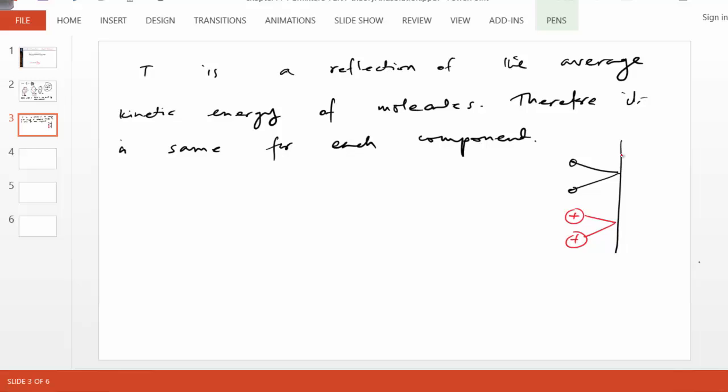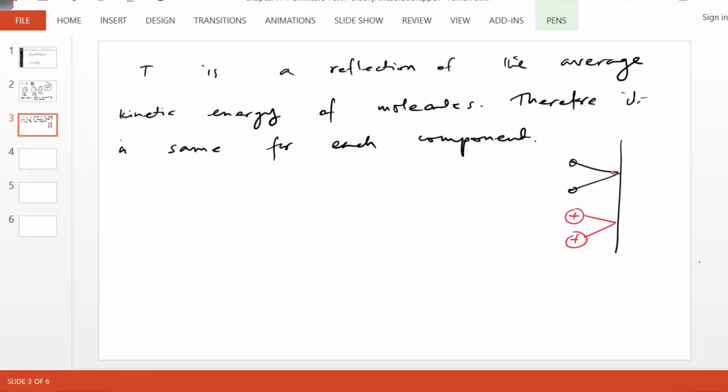So obviously, pressure depends on the number of collisions as well as the velocity. So the number of collisions, if we suddenly take all the black molecules away from a mixture of black and red molecules, you can understand that the pressure will be lower.